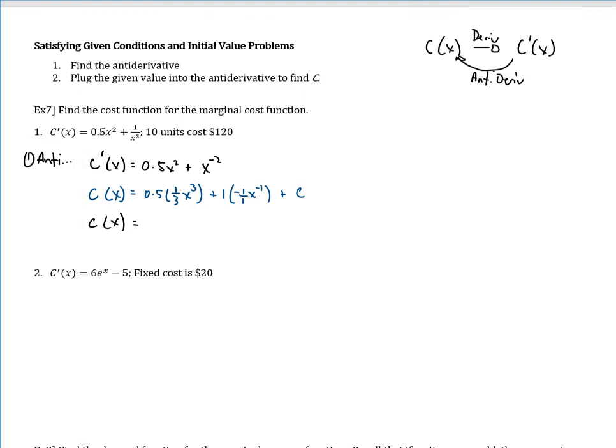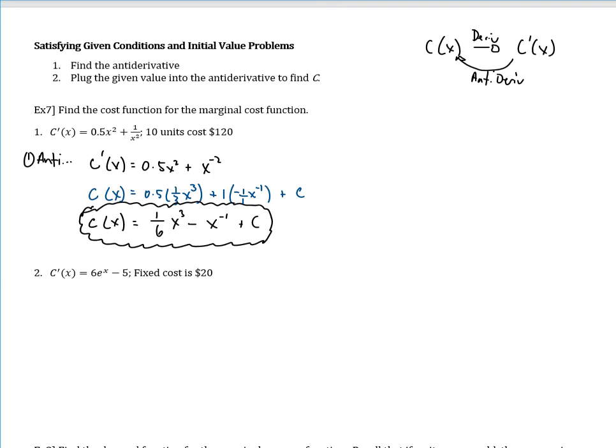Or if we change it to a fraction, 0.5 would be 1/2, so 1/2 times 1/3. Let's do it as a fraction, 1/6 x cubed. And then this would be minus x to the negative 1 plus our constant. Okay, so I'm going to cloud this. This is our cost function so far.